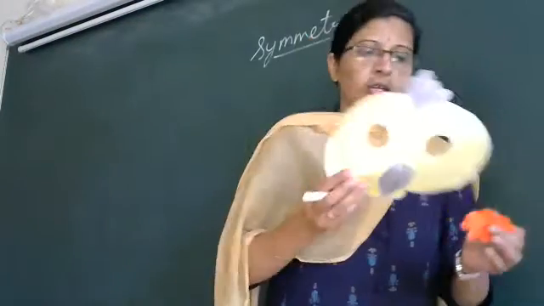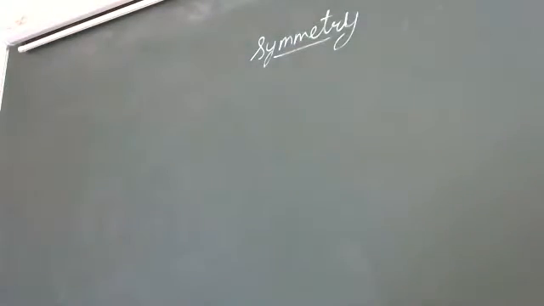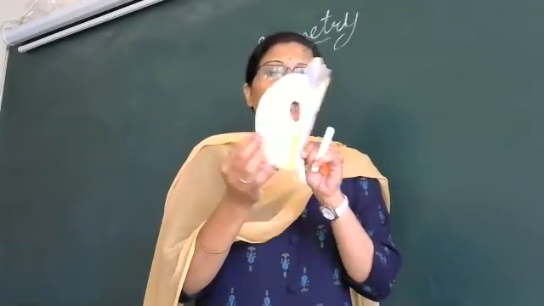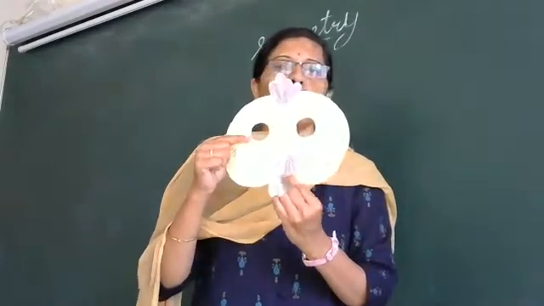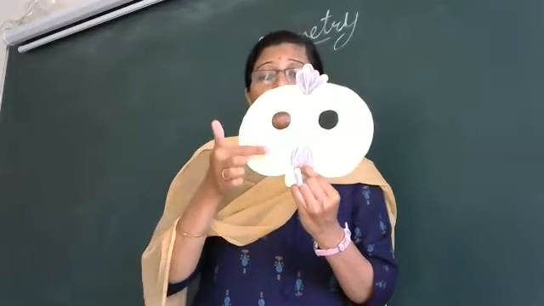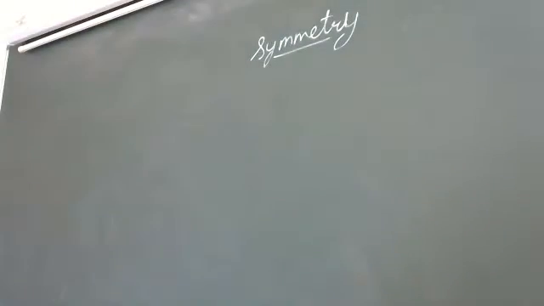See this. Here, this is also a face. You can see both sides are the same. If I fold in the middle, here also one eye, here also one eye, here one circle we can see, and it is the same down here. Same, identical.